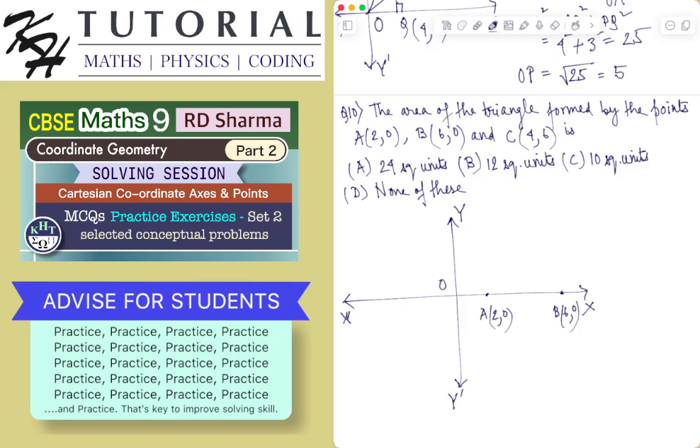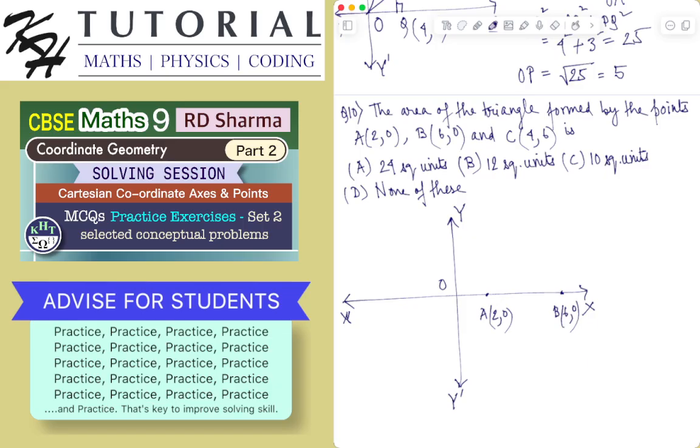And the point C is 4 comma 6, meaning it is at a distance of 4 units from the y-axis in the positive direction of the x-axis. Both the abscissa and ordinate are positive, which means it will be a point in the first quadrant.